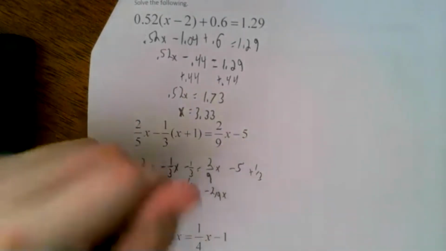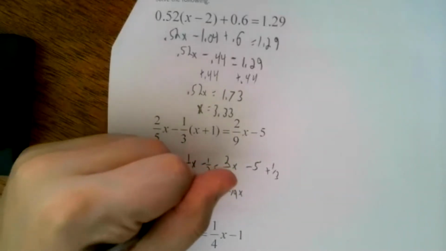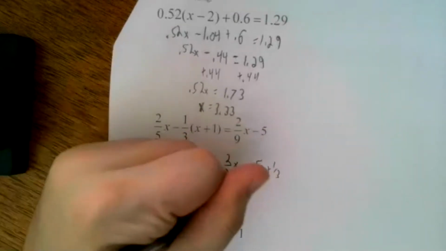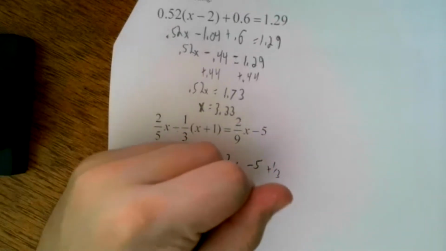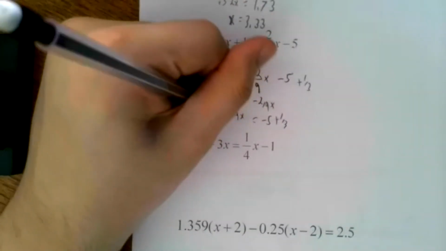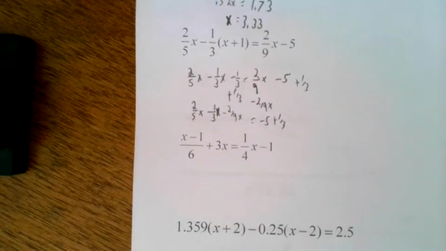So on the left side, I get 2/5 x minus 1/3 x minus 2/9x equals -5 plus 1/3. Right, so it's a little messy right now, but I have all my x's on the left, and I have all my regular numbers, or my constants, on the right.